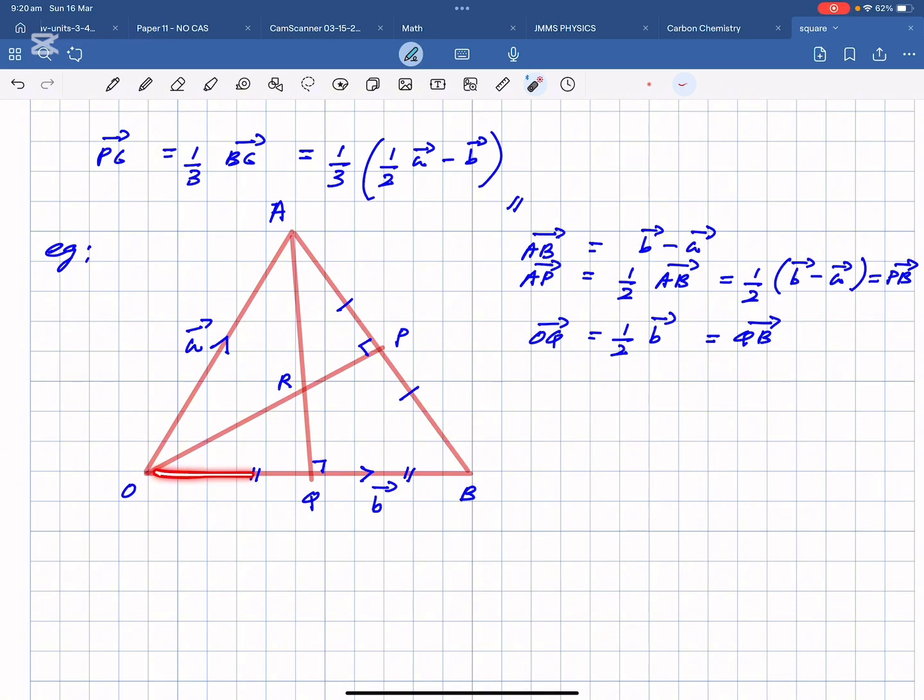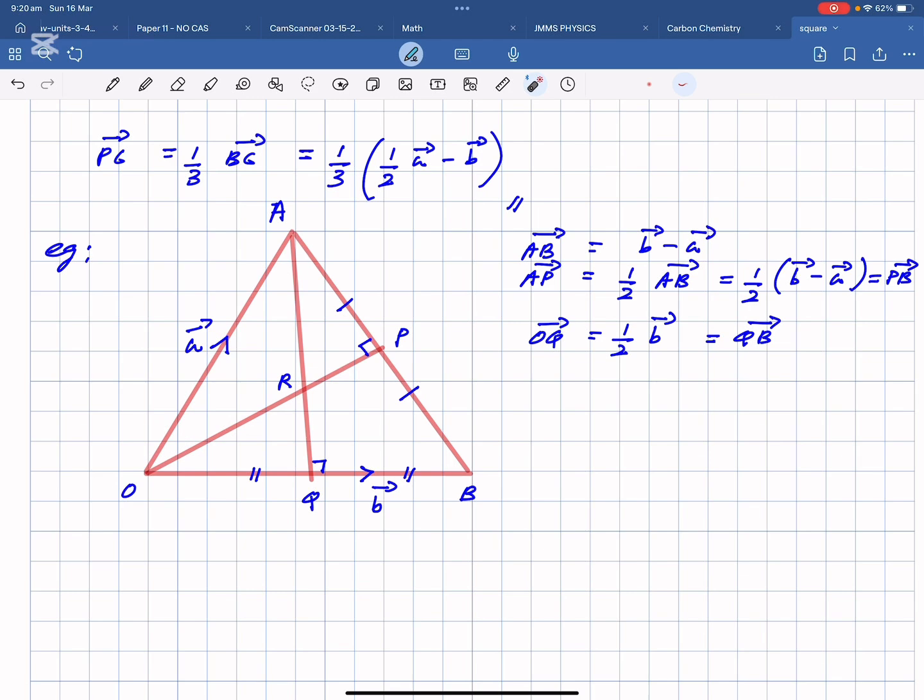What I'm saying, this one is equal to this one. Now, do you know how much is this one? No. In the previous question, it was given as 1/3. Do you know how much of this one? No. In the previous question we didn't have it. But if it is given, that's easy. It is not given.